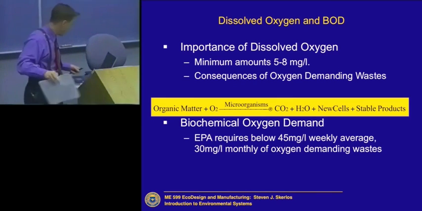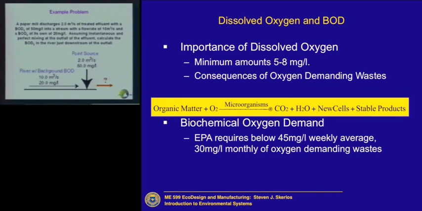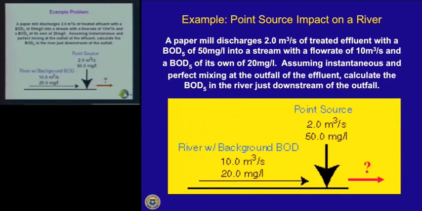For instance, with what we've just discussed, take this example where we've got a paper mill discharging a certain flow rate of treated effluent, because you can't just put the waste directly, and you're always treating it first. But note number one, treated effluent can have environmental impact also, and it costs a lot. Flow rate's 2 cubic meters per second.